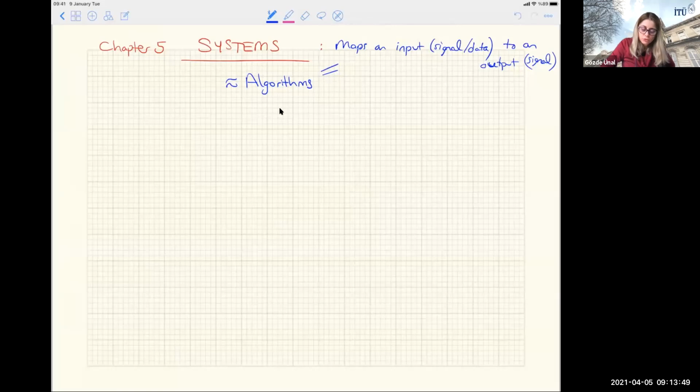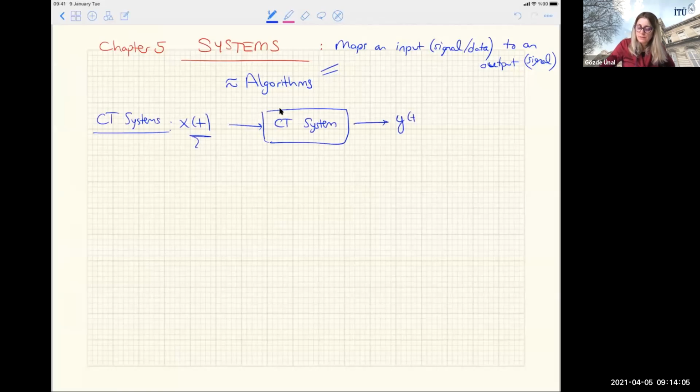So we have continuous time systems and discrete time systems. Continuous time systems, the only difference is they take a continuous time signal and map it to a continuous time output. For instance, real physical circuits, for instance RC circuits, resistor capacitor circuits, are continuous time systems.